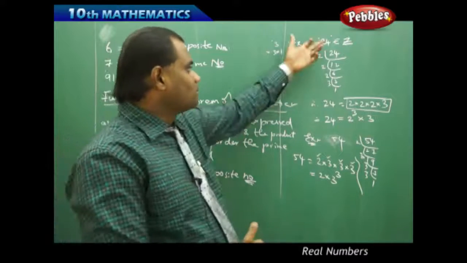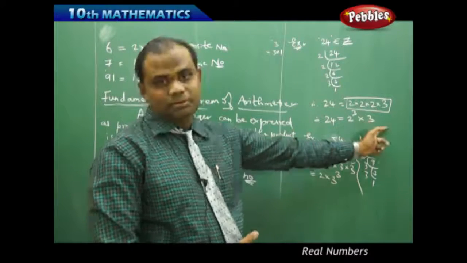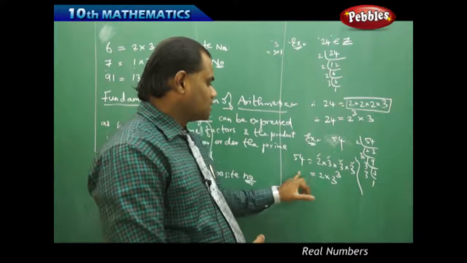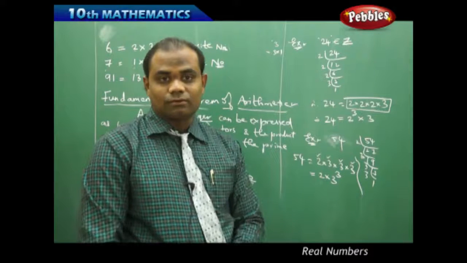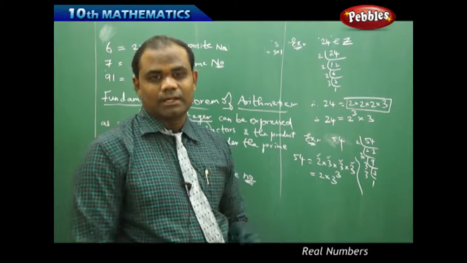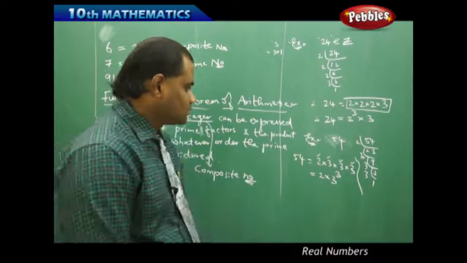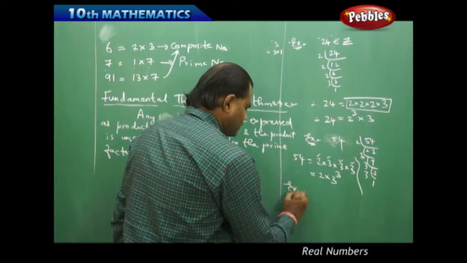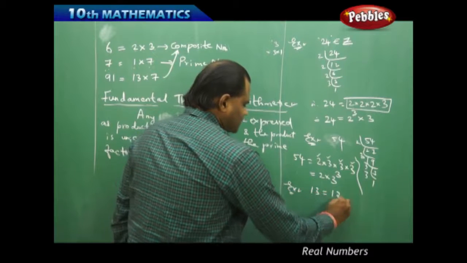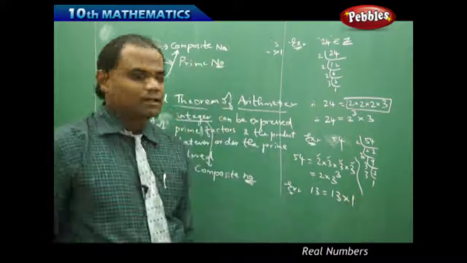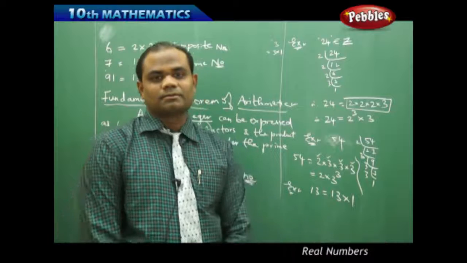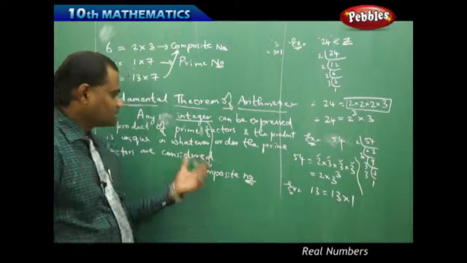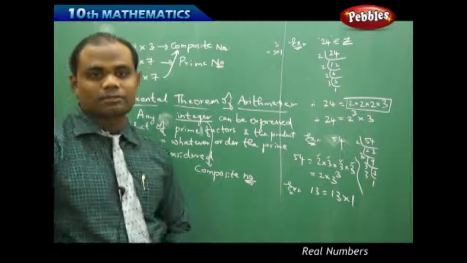So 24 is a composite number which can be expressed as 2 cubed times 3. 54 is a composite number which can be expressed as 2 times 3 cubed. This can also be applied to a non-composite number. Say I take the prime number 13, which is again expressed as 13 times 1, a product of 1 and itself. So the modified statement replaces integer with composite number.